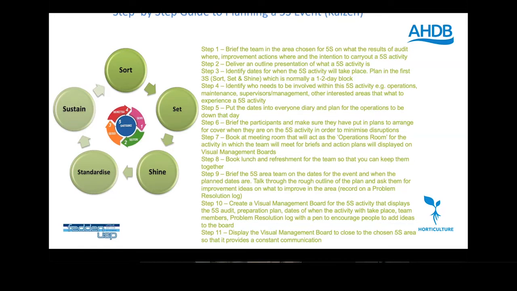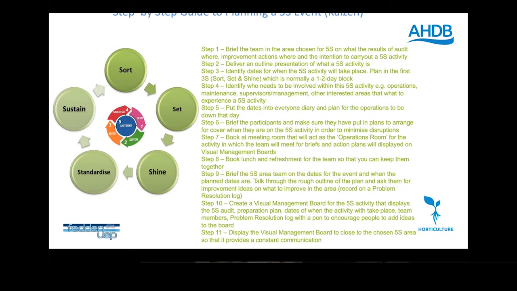I try and get as many people that work within that area involved as possible, and in that way, people understand the reason why you're doing it and the principles behind it. They've been through the pain of getting the area looking nice and tidy, and therefore they're more likely to want to keep it that way. So by picking your team from people that work within that area itself, you've got a greater chance of making sure that it's sustained.